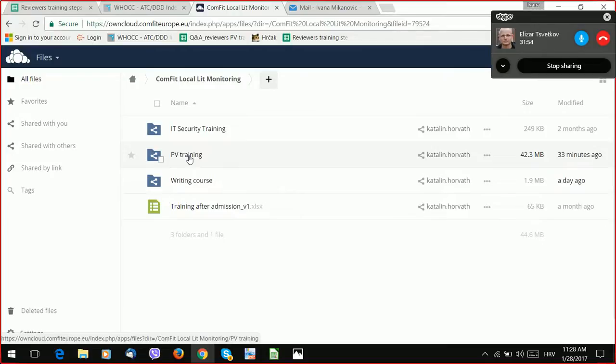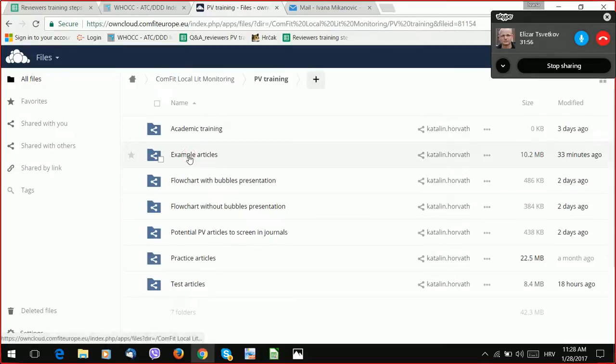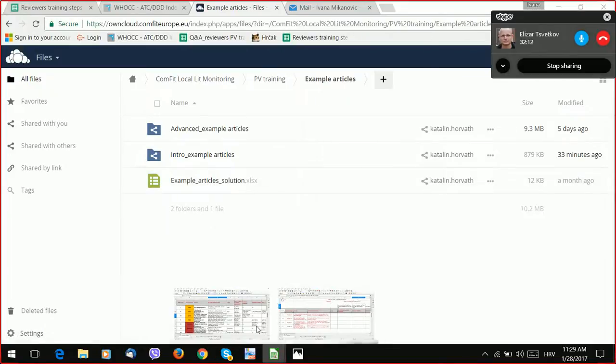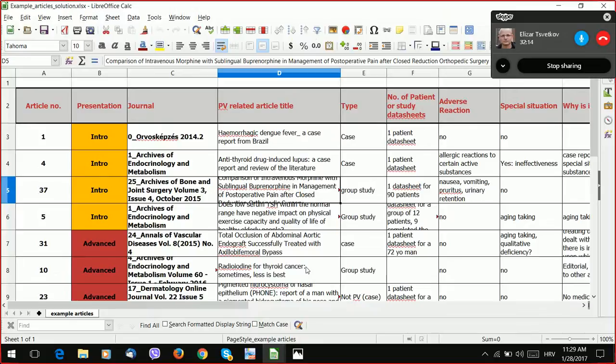Folder PV Training, and in folder Example Articles, Intro Example Articles, you may find these two examples that I showed you today, and in this table there are solutions to these articles.